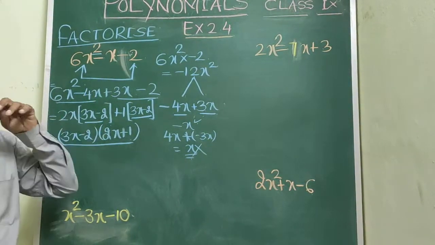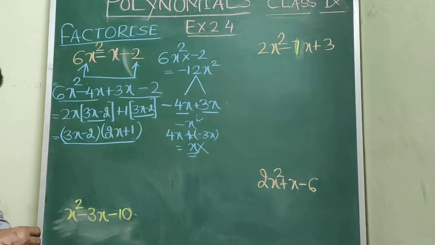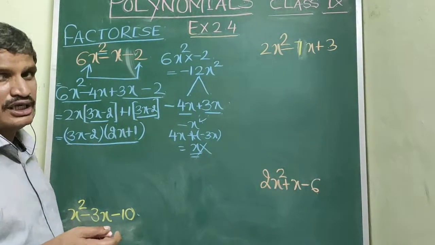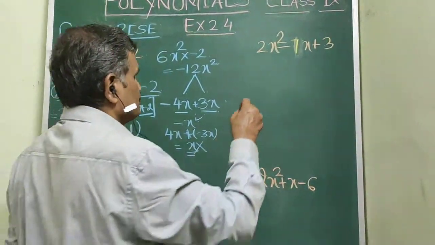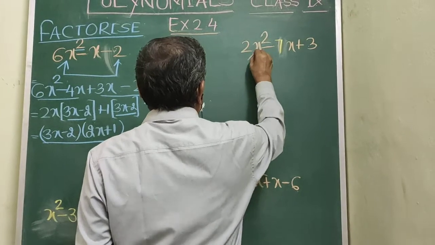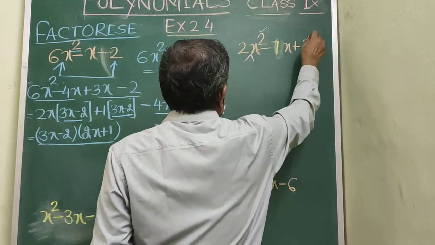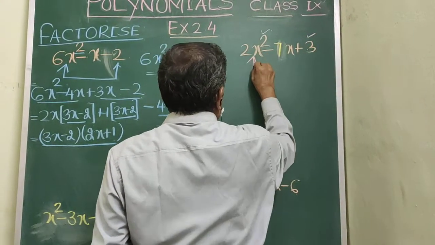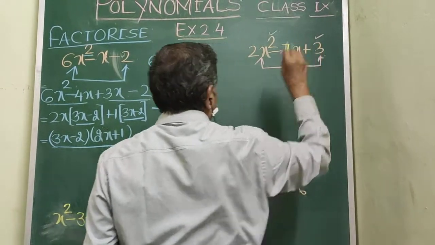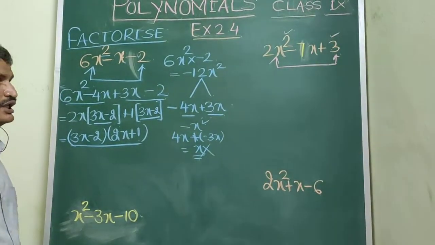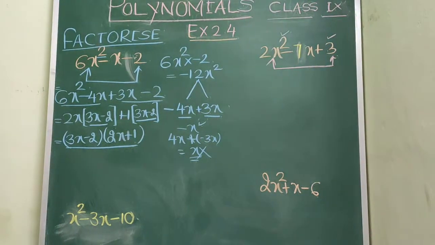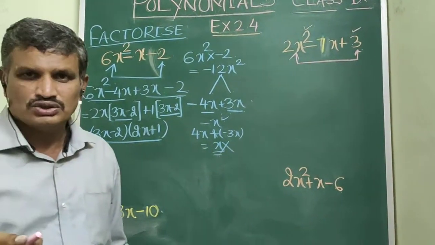Purposefully I have taken 4 examples to solve. Now I will solve the second example and show you how to solve it. Again the degree is 2, so it is a quadratic polynomial. Multiply the first and the last term. It is very simple, sir. 2x into 3 is 6x square.